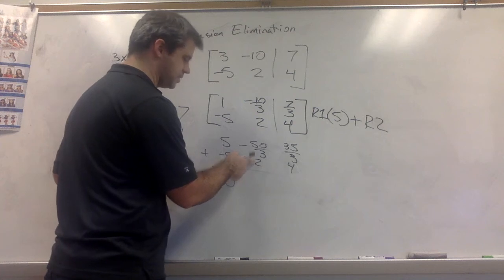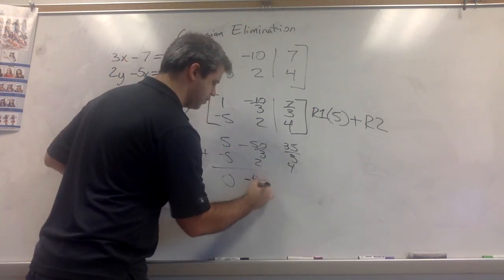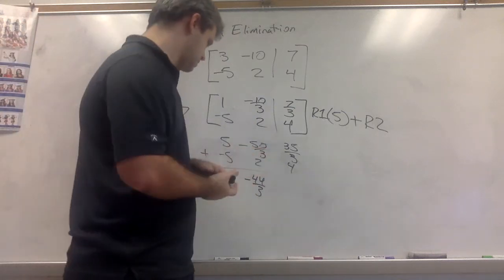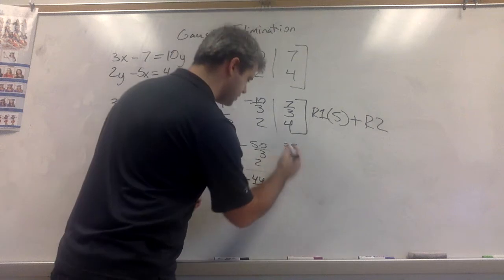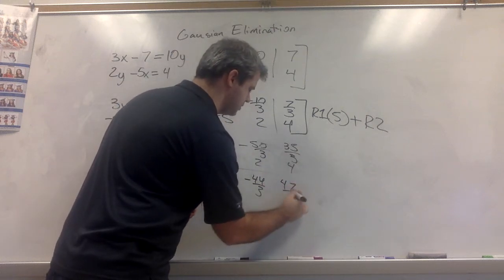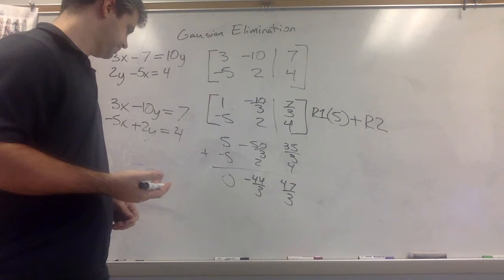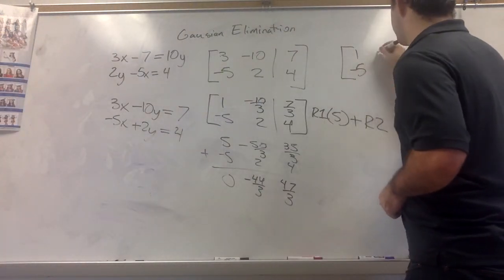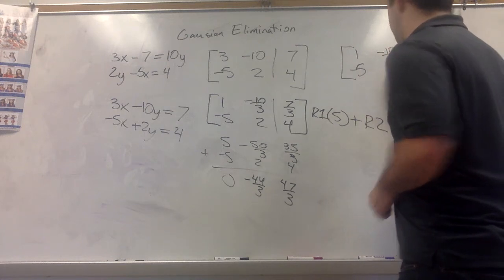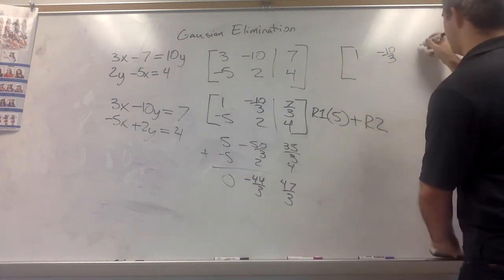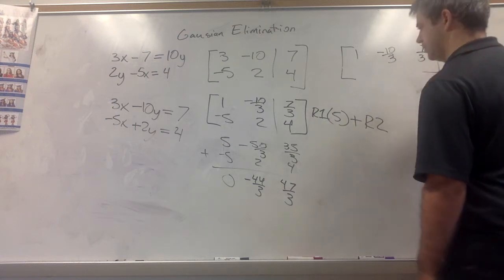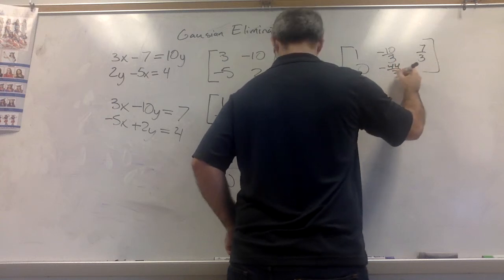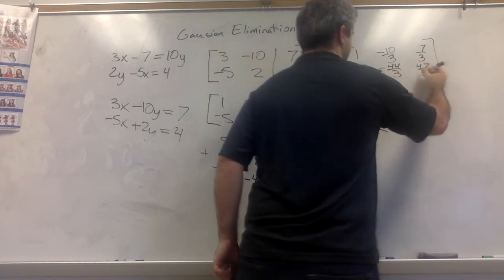What is this? 6 thirds, so that is -44 thirds. This is 12, so 47 thirds. Excuse my nasty fractions here. I intentionally didn't pick one with nice numbers. So this is 0, negative 44 thirds, and this is 47 thirds.